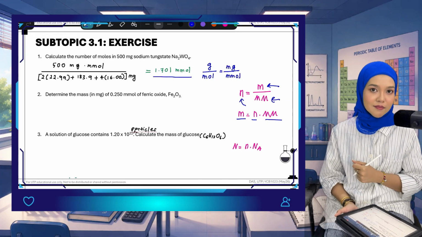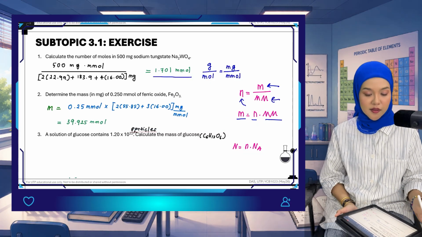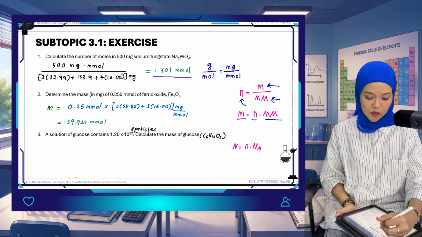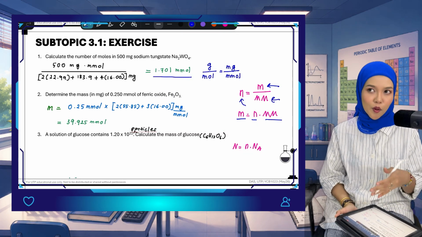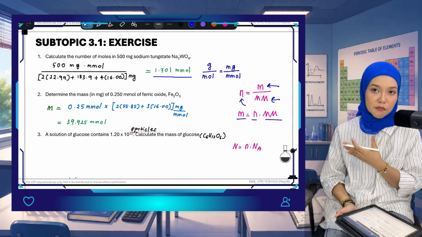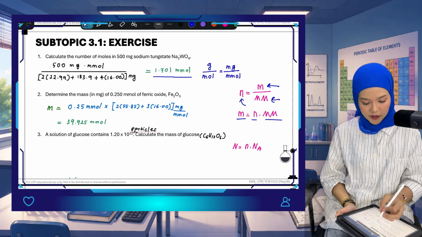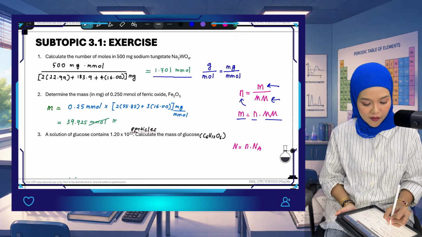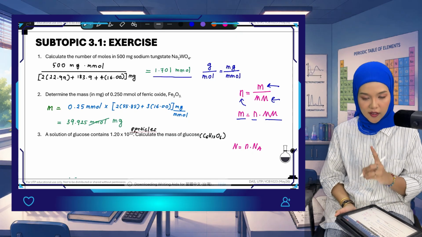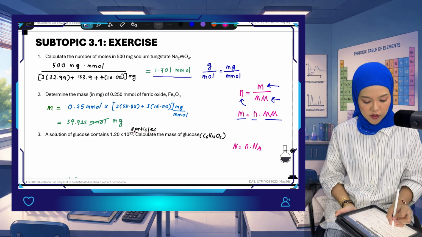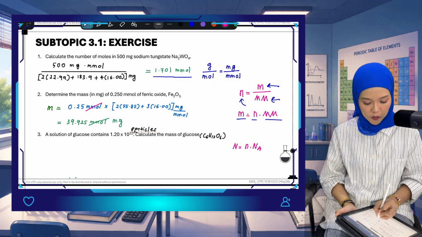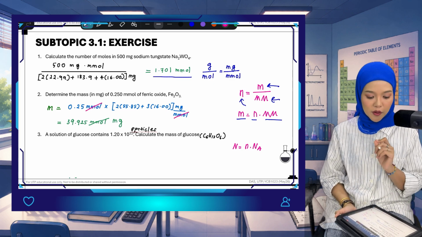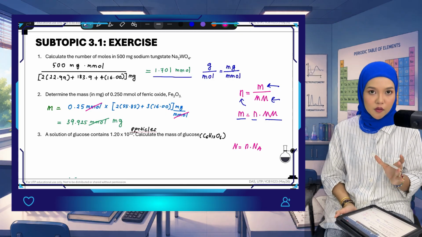Is your answer the same as mine? I get 39.925 millimole. Sorry, this is incorrect, it should be milligram. So always check the unit conversion. Here millimole cancels with millimole, so you are left with milligram.